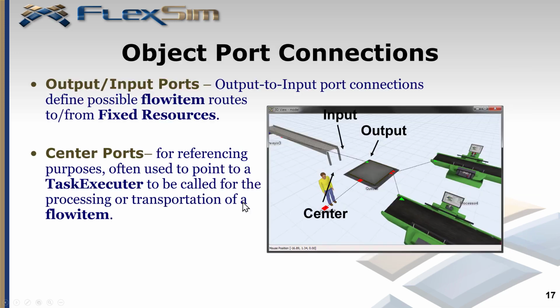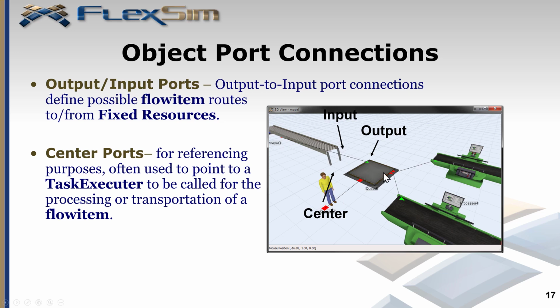Object port connections. Well, there are two basic kinds of connections: output to input port connections and center port connections. Output to input port connections define possible flow item routes to or from the fixed resources.